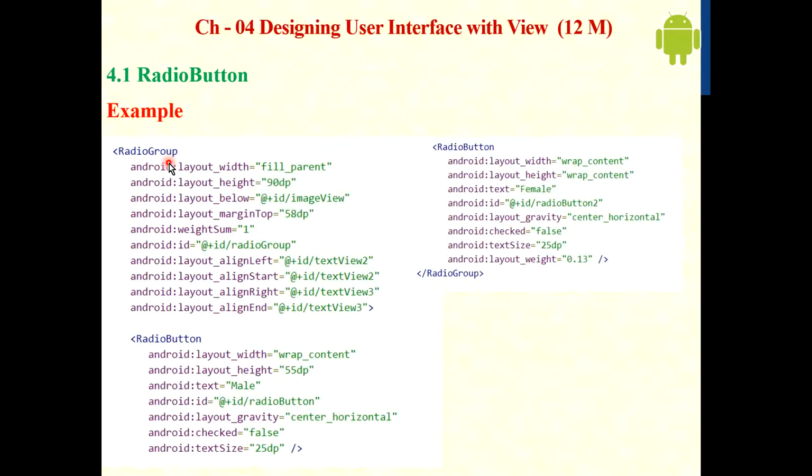Just for example, if I want to display branch, there are many radio buttons we can create: civil engineering, computer engineering. All branches present in a college we can create with radio buttons, if I want to display branch in my form. And why do we use radio buttons? Because the user selects only a single option.